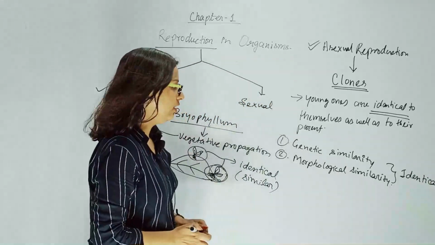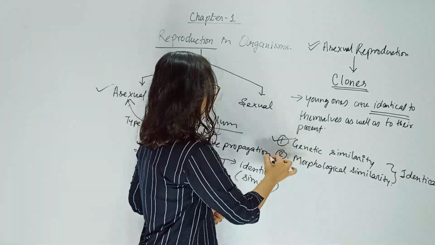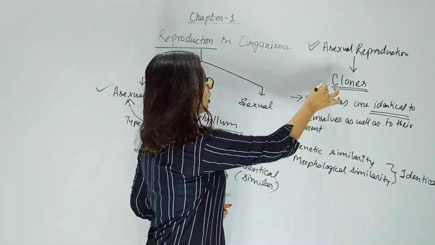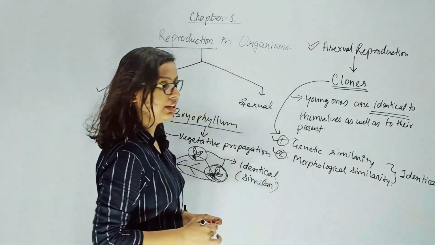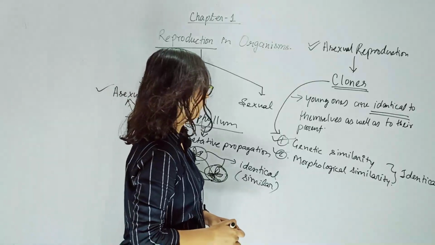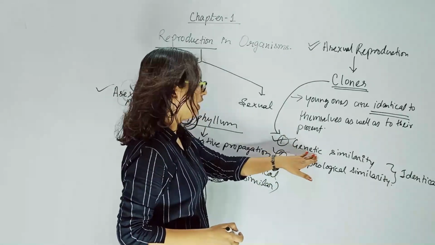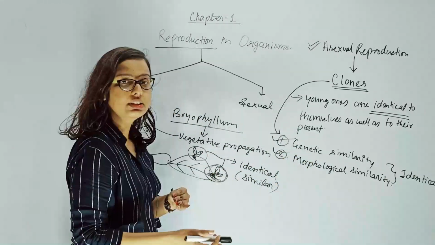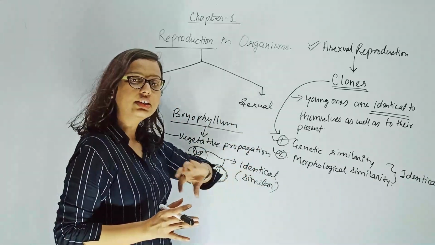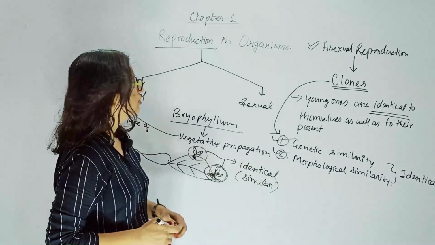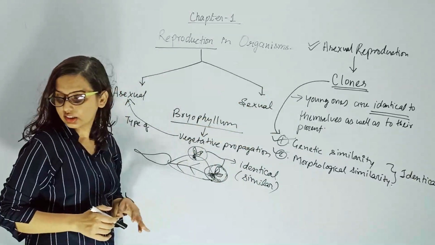So the clones are genetically similar as well as morphologically similar. You will understand genetics, which is a part of biology, in greater detail in later chapters. So this was about asexual reproduction.